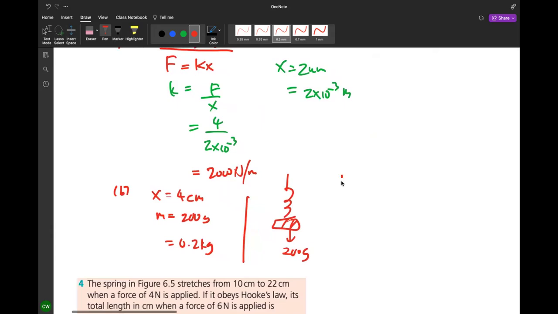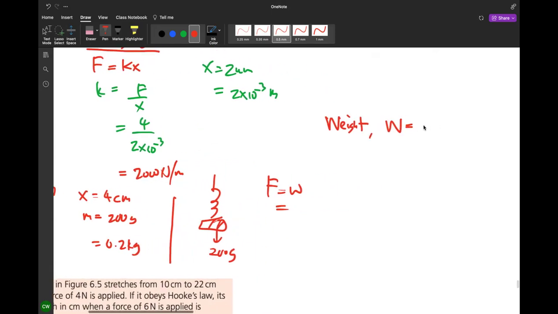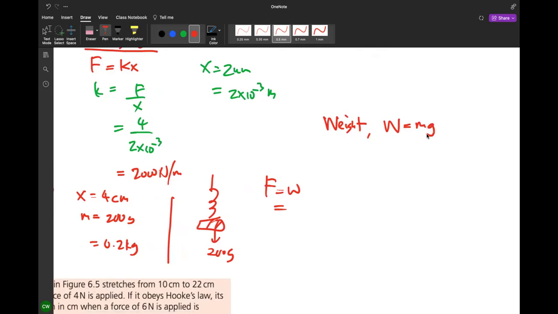So how much is the force? Force is the weight. What is the formula for the weight? W is equal to mg. M cannot use 200, use kg, so use 0.2. What is the value of g?